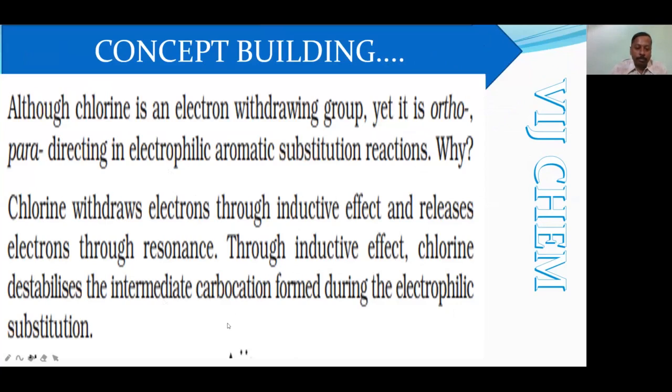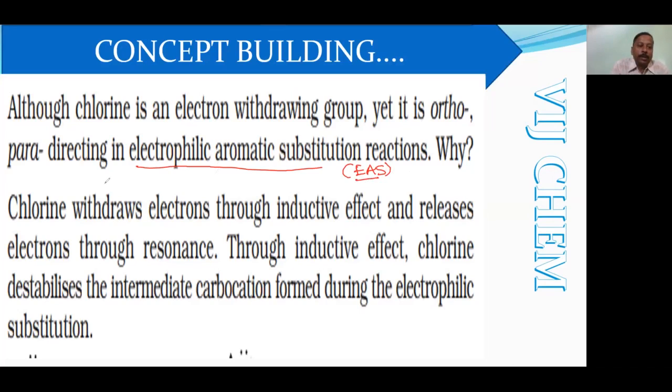Actually chlorine wants the electron, and the electrophile is coming on the ortho and para positions. In entrance exams they will write it in short form as EAS. EAS means electrophilic aromatic substitution.